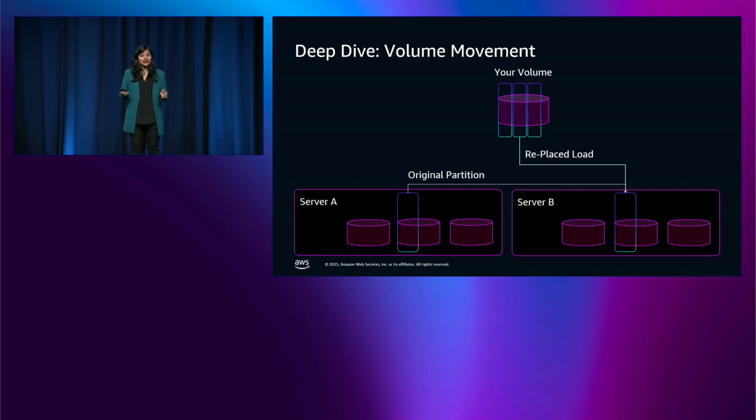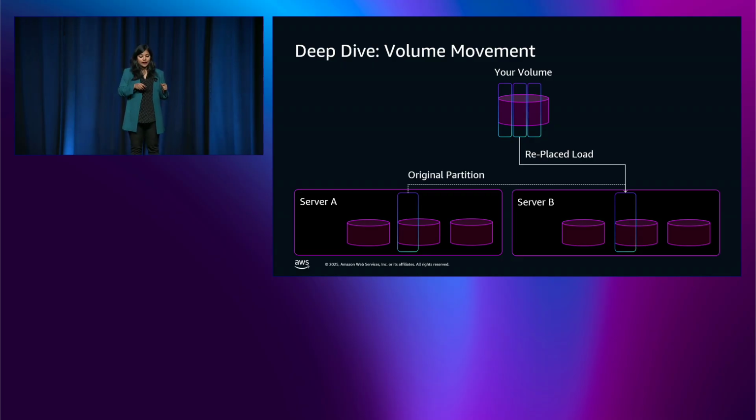We are running at a massive scale. We get hundreds of thousands of requests to modify the volume. And that is where we have to check every single request to make sure where your volume was initially placed, let's say server A in this case, we do have the right capacity to bump up your performance.